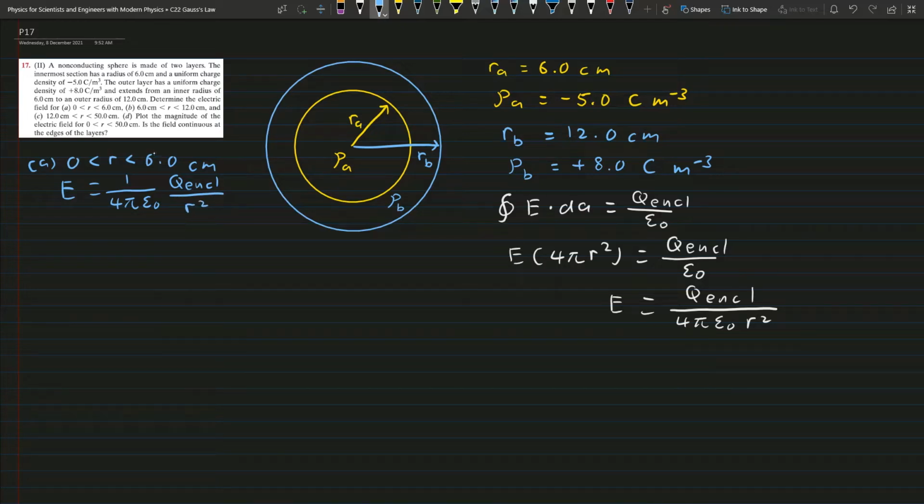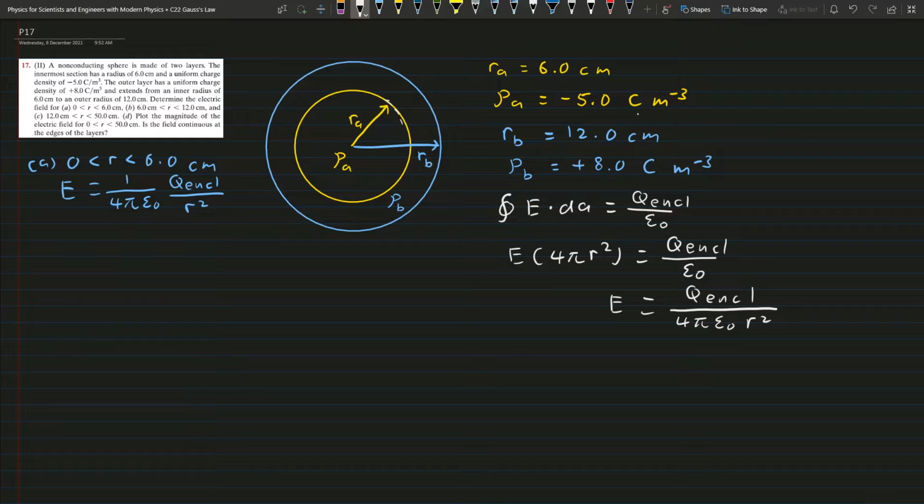And in this case, you see we limit it: this r is less than 6.0 cm. That means less than this RA. In this case, you can see they are all enclosed by this negative charge, right?